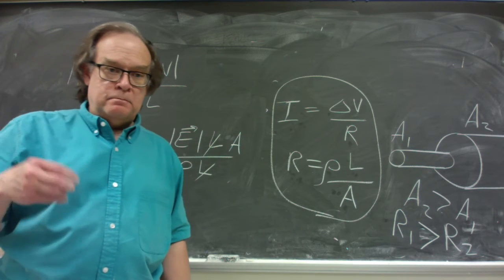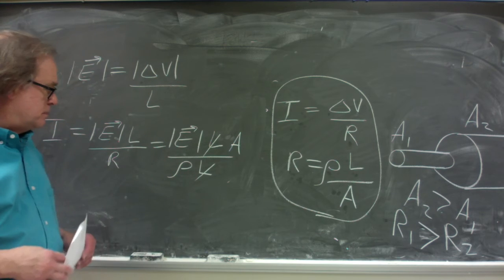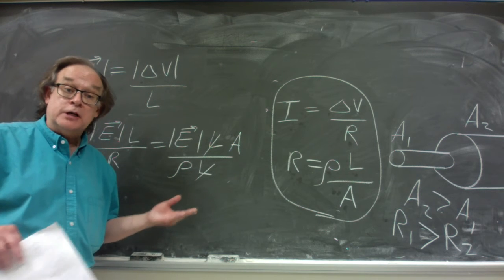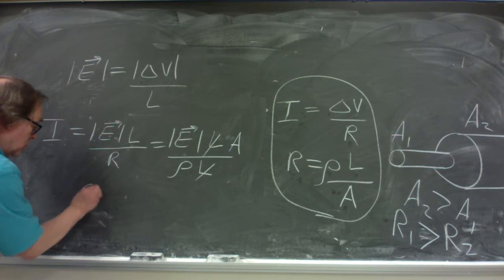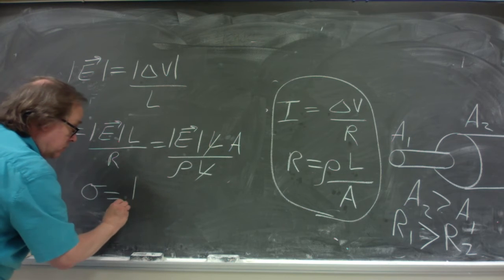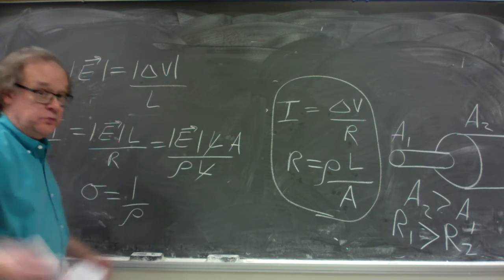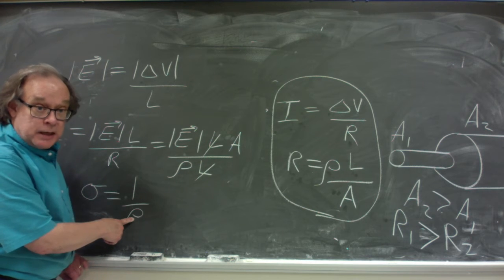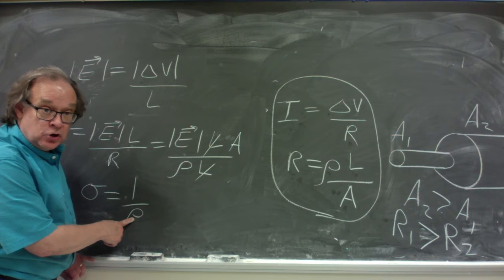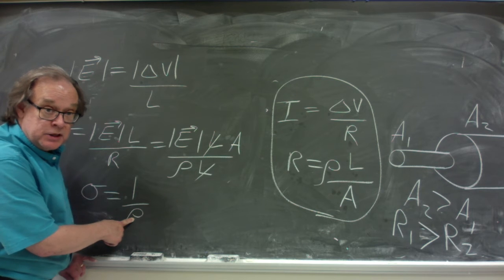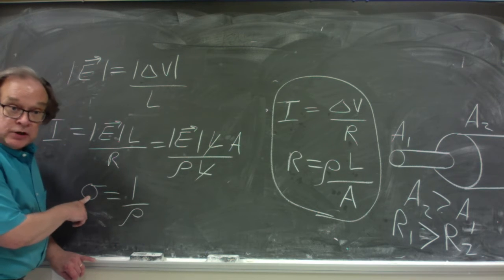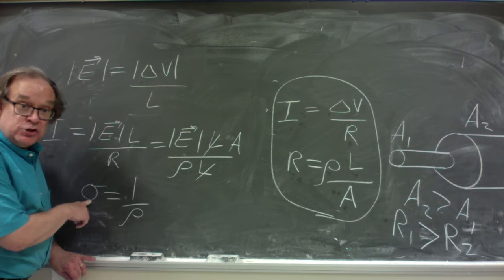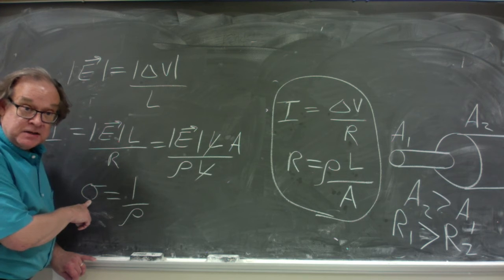We make things a little easier on ourselves by inventing a new quantity called conductivity, which is just the inverse of resistivity. Resistivity measures how difficult it is to get current to move through some material, and so naturally the inverse of that would measure how easy it is to move current through some kind of material.